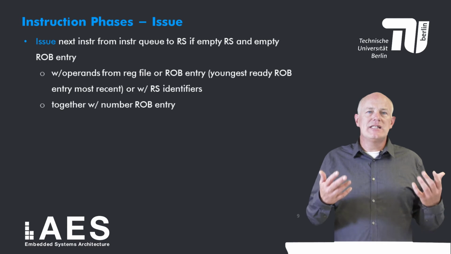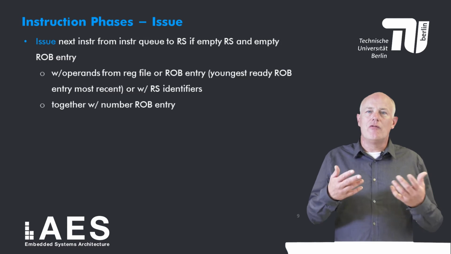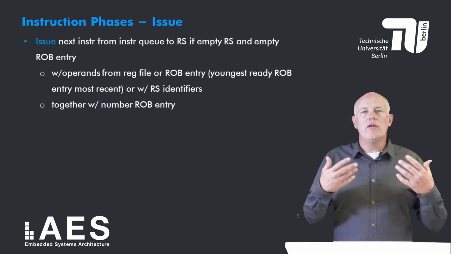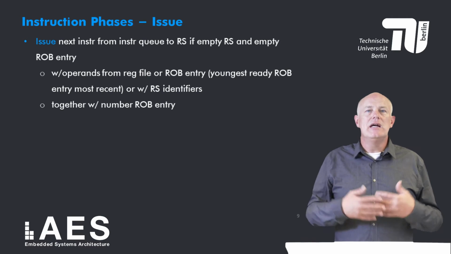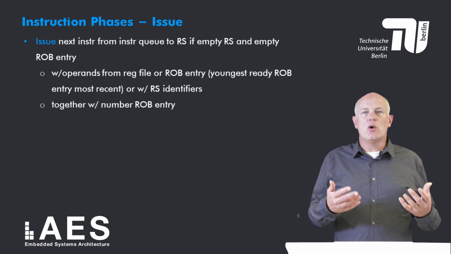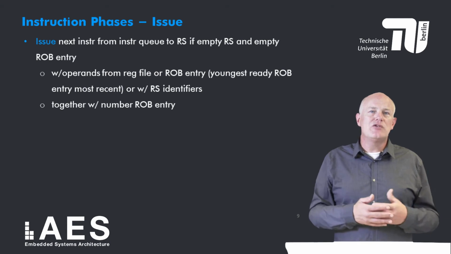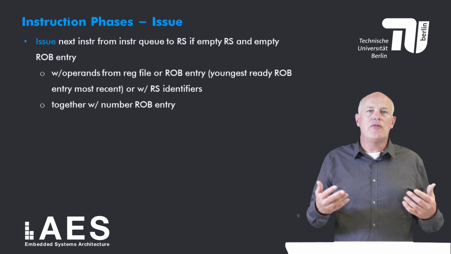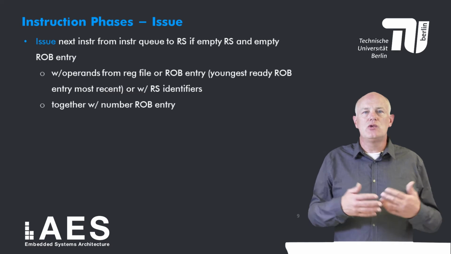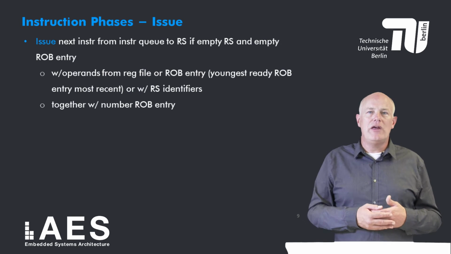It is possible that several instructions in the reorder buffer write the same register. In that case, the value field from the youngest ready ROB entry should be taken, since that one contains the most recent value. It is of course also possible that the producer instruction of the operand is currently in flight in a reservation station. In that case, the instruction should be issued together with the identifier of that reservation station.